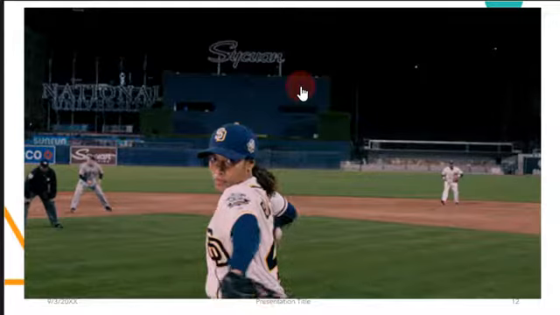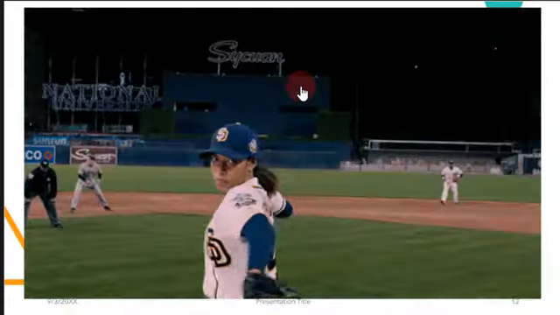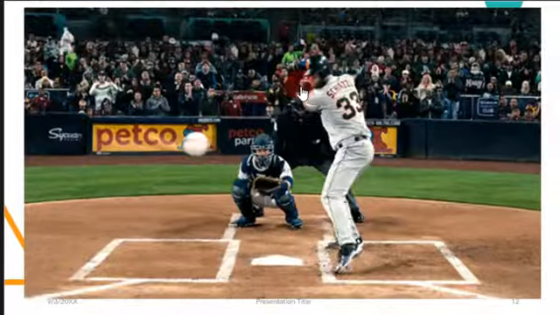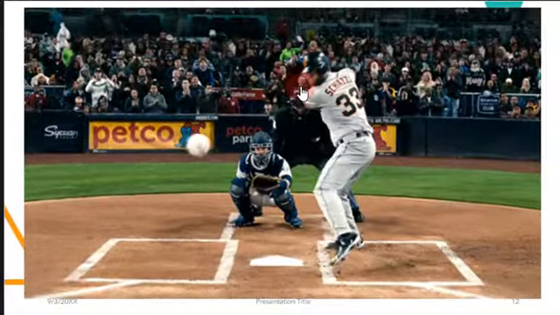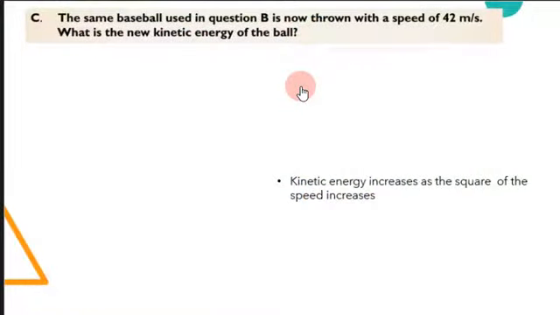All right, but now check it out. We're gonna look at a professional pitcher. That looks like a girl right there. Is she real? I think it's a girl. The same baseball with the same mass is used in question B. Now it is thrown at a speed of 42 meters per second. That's a weak throw. Is it? What is meters per second versus miles per hour? I'd have to do that conversion.